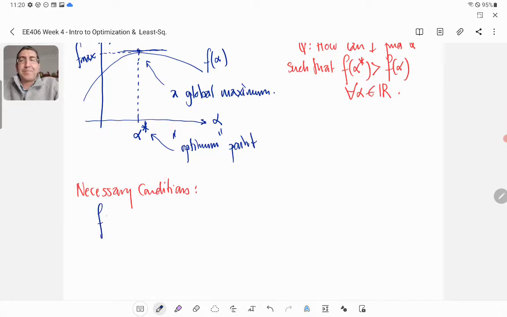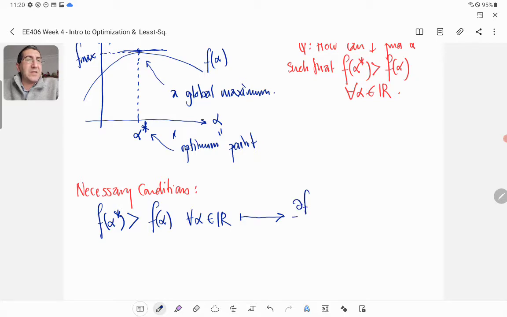So if we have f of alpha star larger than f of alpha for all alpha in R, that implies that we necessarily have the derivative of the function with respect to that variable evaluated at that point being equal to zero.